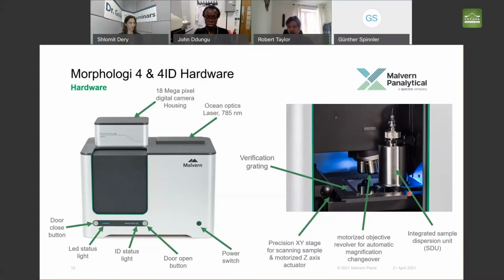So the idea is that you can automate the whole process of dispersing the sample, measuring its particle size and shape, and with the integrated Raman spectroscopy, you can then also determine the chemical identity of these particles as well. So useful for those products which have multiple components in them.